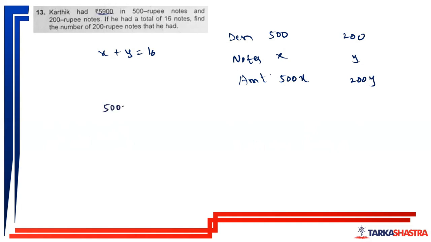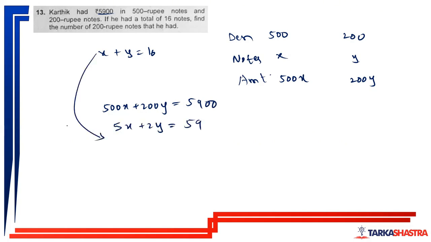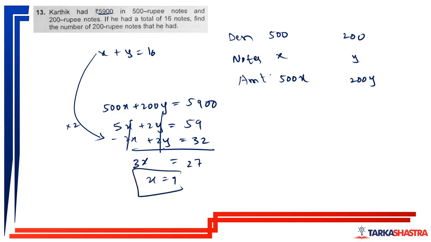So 500x plus 200y is equal to 5900. Divide by 100, so 5x plus 2y is equal to 59. And then the other equation, x plus y is equal to 16, multiplied by 2 gives 2x plus 2y is equal to 32. Subtract them, so this will be 3x; the 2y will get cancelled, and this will be 27.